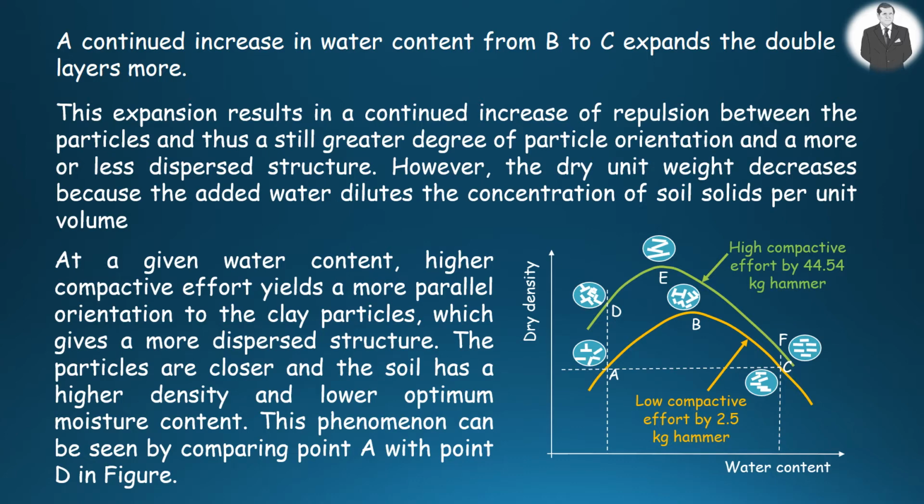Now, if we compare point B with point E, we can see clearly that compactive effort increases the dry density and lowers the moisture content needed for compaction. And this is clearly observed in the figure.